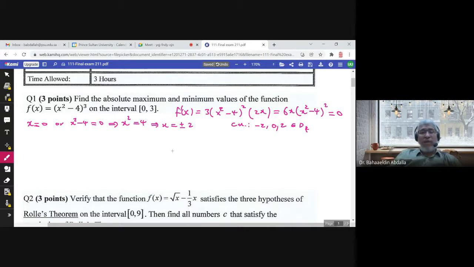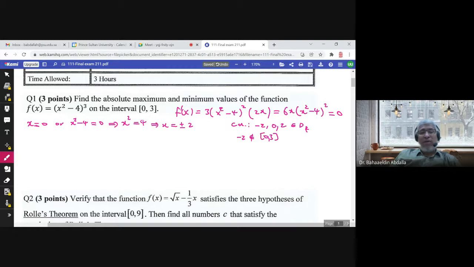So how do we find the local maximum and the local minimum? These are the critical numbers, and any one of them could be a local maximum or local minimum. But notice that negative 2 does not belong to the interval from 0 to 3, so we talk about 0 and 2 only.